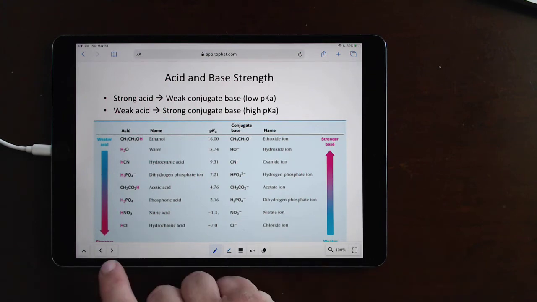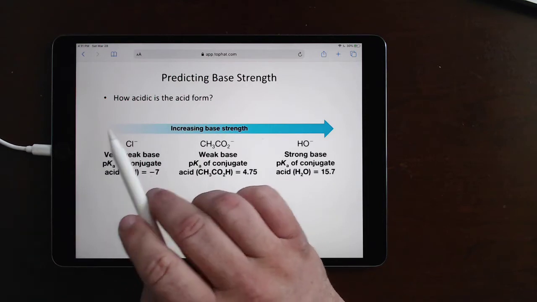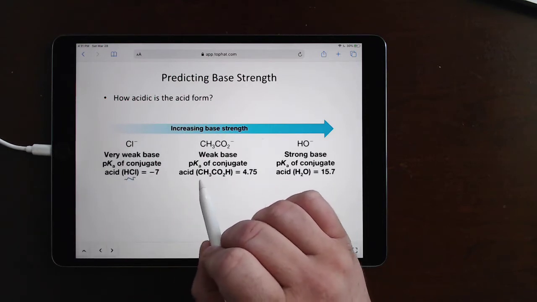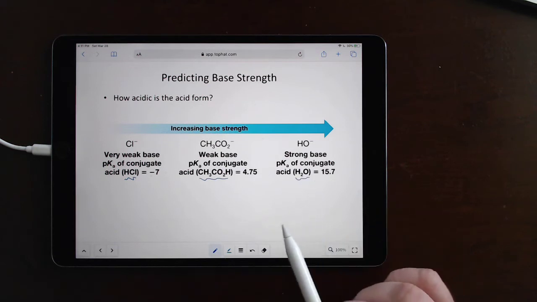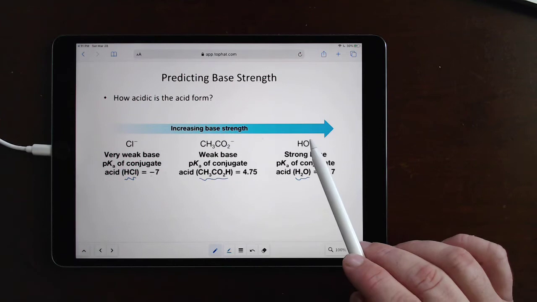That's what you would need to know. So if you look at the pKa of the protonated form, the weaker the acid, the stronger its conjugate base.